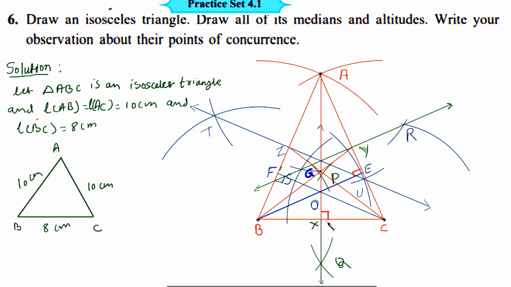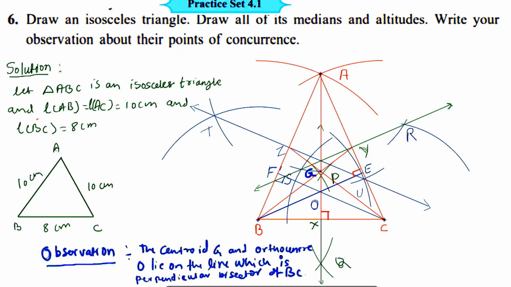Therefore, segment AF is the perpendicular bisector. Hence, the centroid G and orthocenter O lie on the line which is the perpendicular bisector of the base BC. This is our required figure.